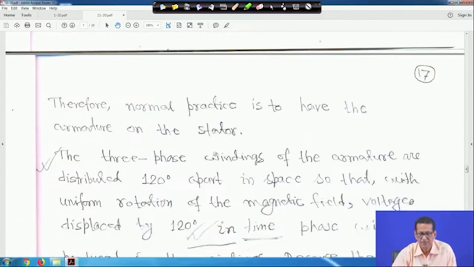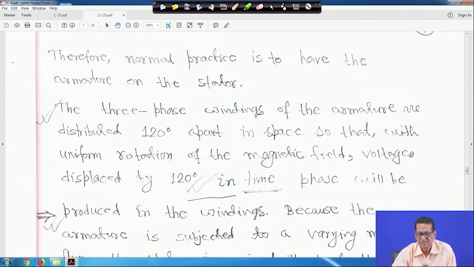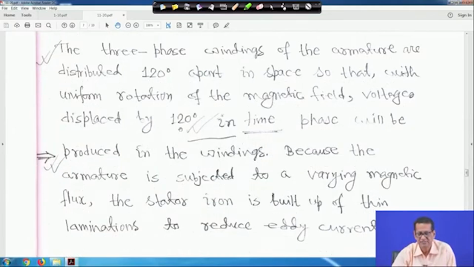Therefore, the normal practice is to have the armature on the stator. The 3-phase windings of the armature are distributed 120 degrees apart in space, so that with uniform rotation of the magnetic field, voltages displaced by 120 degrees in time phase will be produced in the windings, because the armature is subjected to a varying magnetic flux.